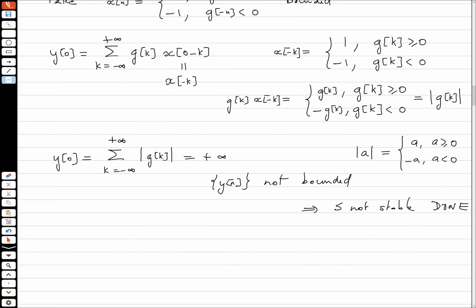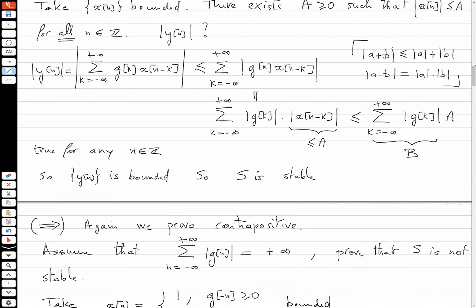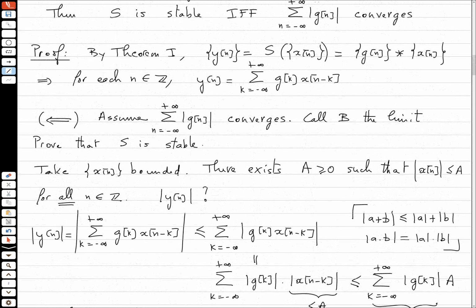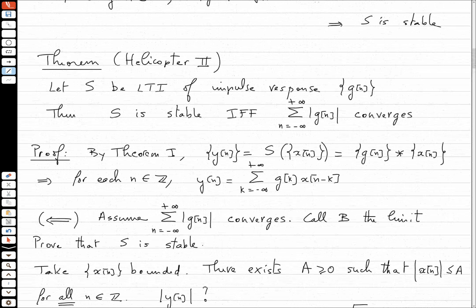All right, now in this class what is important is not the proof, but knowing how to apply this result. This result is like helicopter one: when you want to figure out the stability of a system, if it happens to be LTI, then there's a shortcut. You just look at the impulse response, but this time the test is harder.